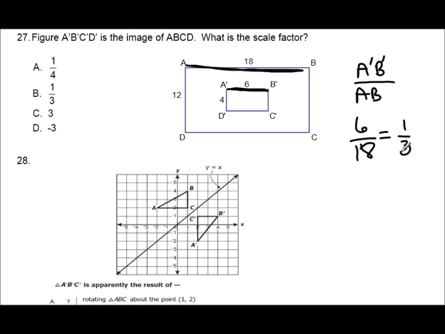As a fraction, that reduces to 1/3. So A prime B prime C prime D prime is 1/3 the size of ABCD. And before you even start with this question, you could eliminate C and D because clearly this is a reduction. Remember, if it's a reduction, the scale factor has to be less than 1.